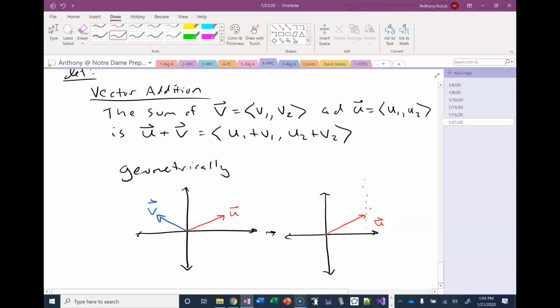And then I'm going to draw an imaginary xy axis whose origin is at the terminal point of u. And then draw in my vector v.